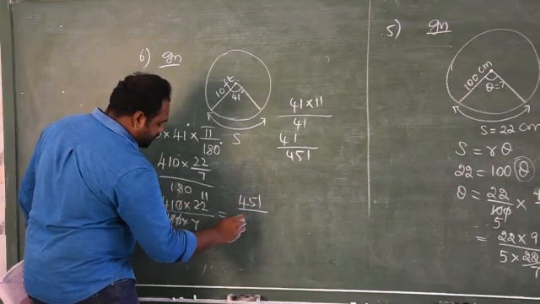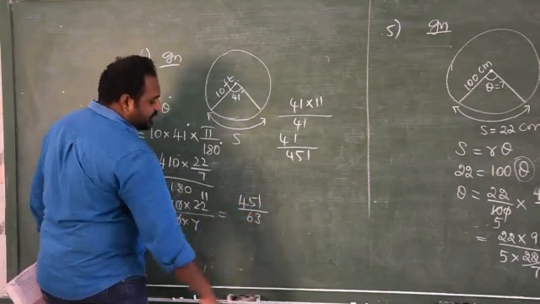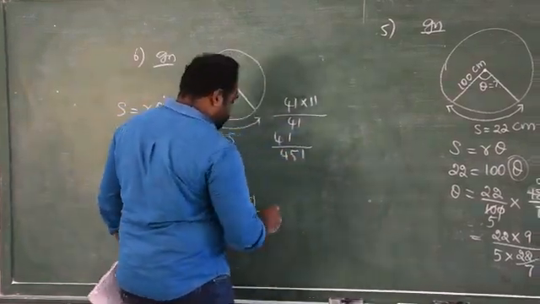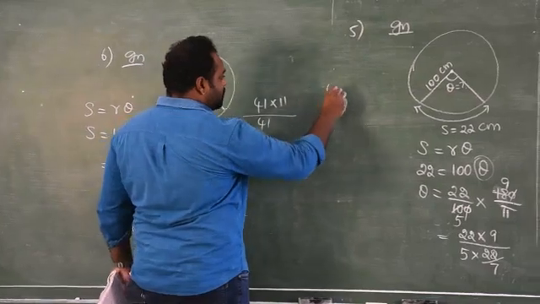So 451 divided by 63. We can divide this to get the value.